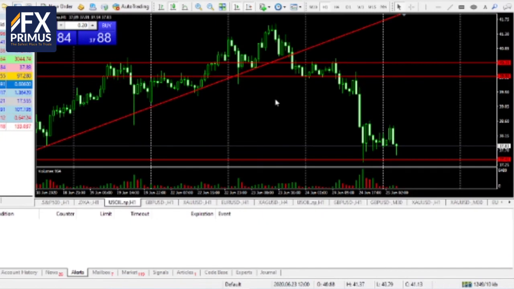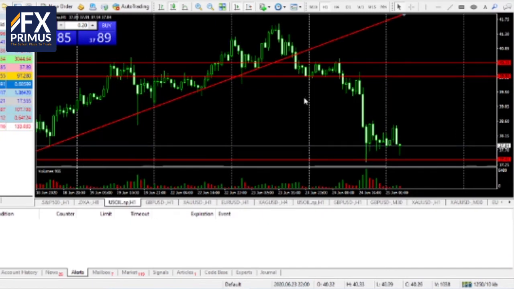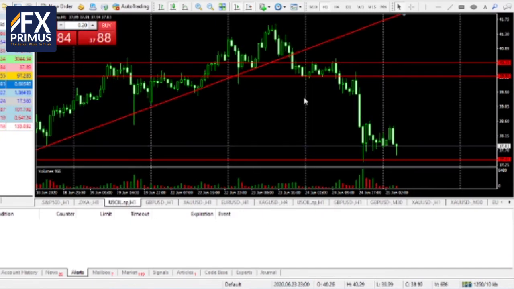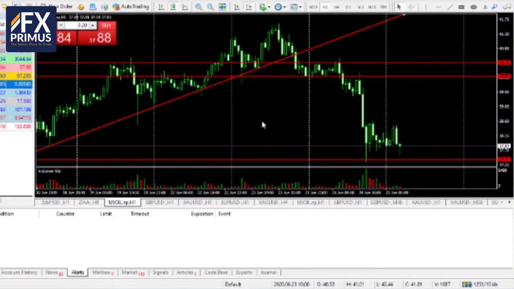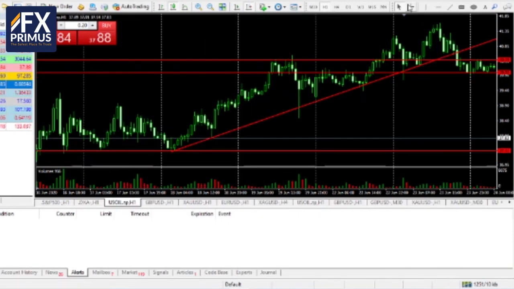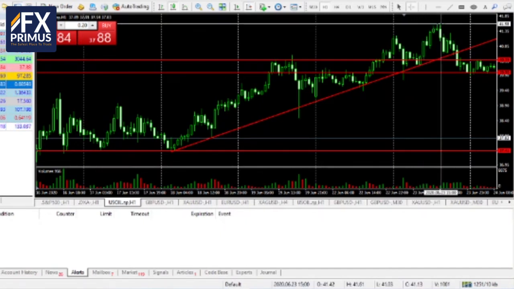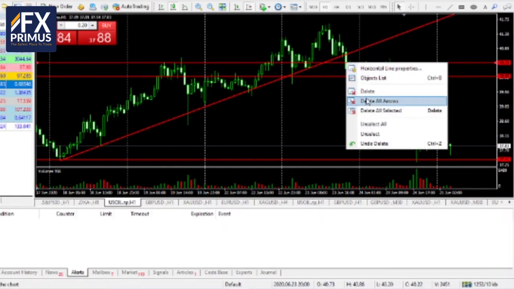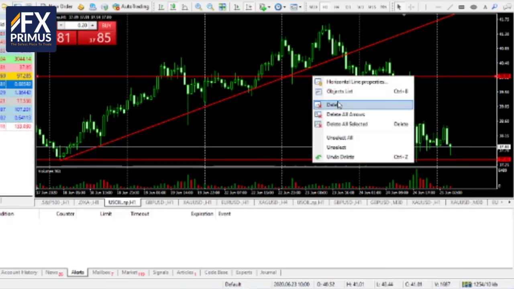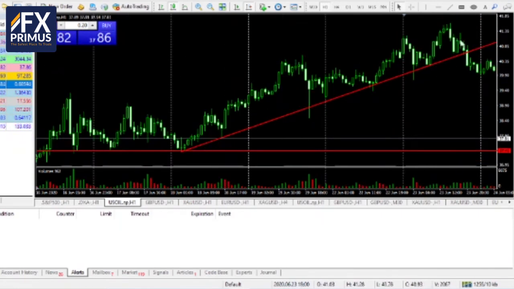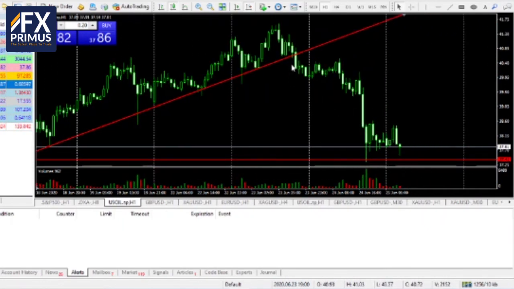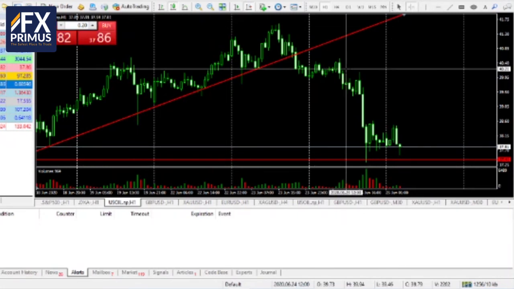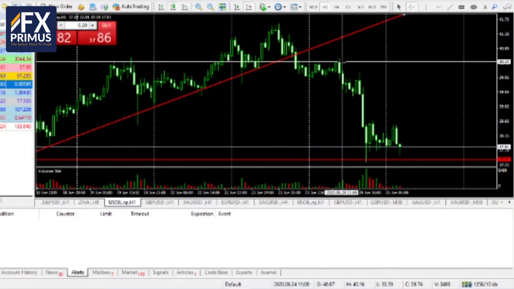What else do we have? Oil prices are pretty bearish also, after going up for a number of days and touching a high of 41.58 on the 23rd of June. We can see that oil prices have broken through this bullish trend line as of Tuesday evening, and yesterday it was just consolidating before it went down further.